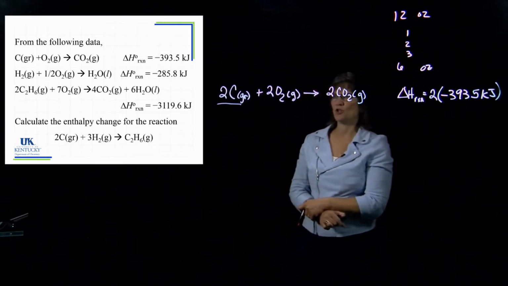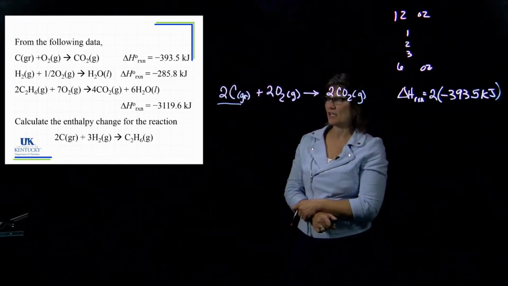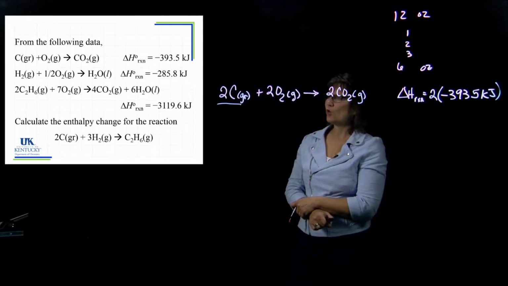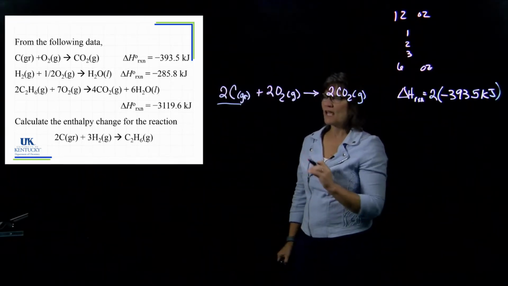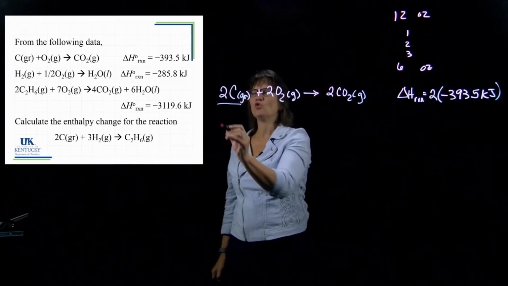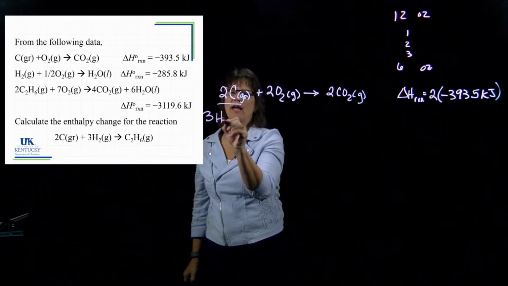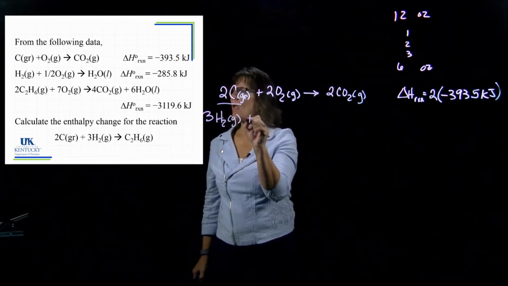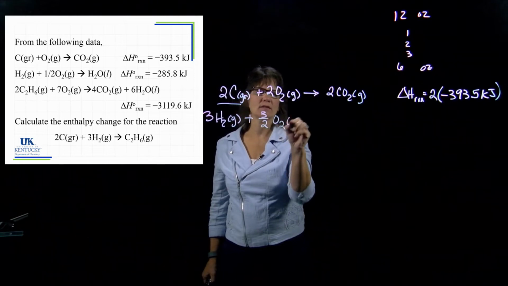Now I go to the H2. As I go to the H2, I see that H2 is in the second equation. And there's only 1 mole of it in the second equation, and I need 3 moles of it. So I'm going to take that second equation and I'm going to triple it. Okay? So I have 3 H2 gas. I have 3 halves O2 gas.